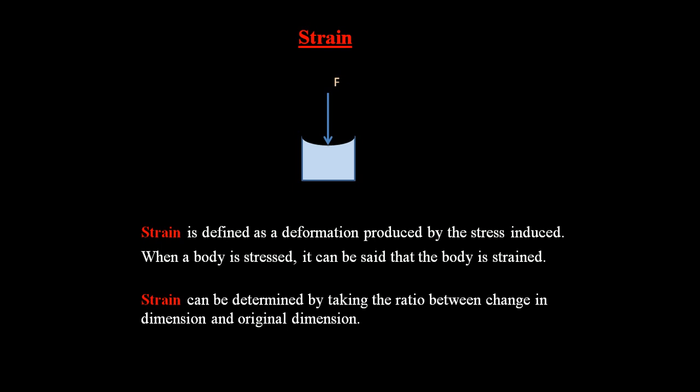Deformation means there is a change in the shape of the body or any object. Change in the shape means there is a change in the dimension of the body. So based upon that, another definition is given for the strain: it is the ratio between the change in dimension and original dimension. And again observe here we are taking the ratio between two similar quantities that is related to dimension of the body.